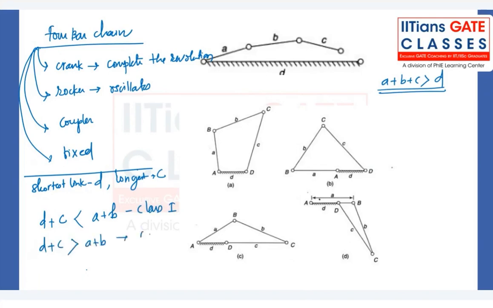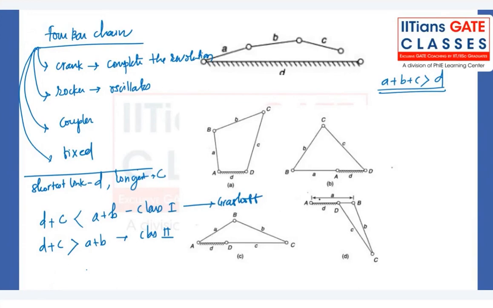Okay, and here we have the Grashof law. What it says for class 1 is, in a 4-bar mechanism, we will have at least one revolving link if the sum of the shortest and the longest link is less than the sum of the other two links.